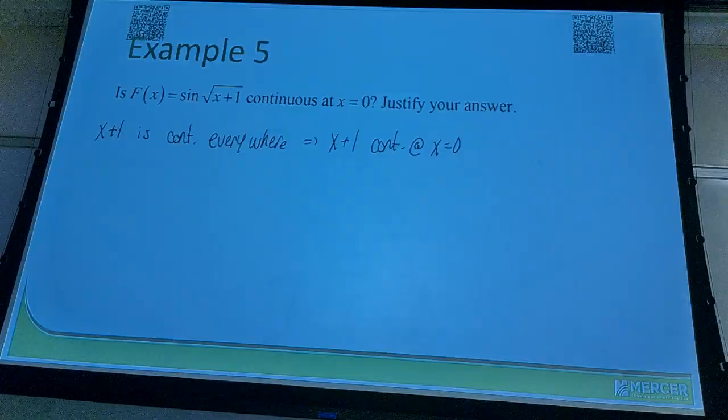Right, so x plus 1 is a polynomial, it's continuous everywhere. Which means that x plus 1 will be continuous specifically at x equals 0.